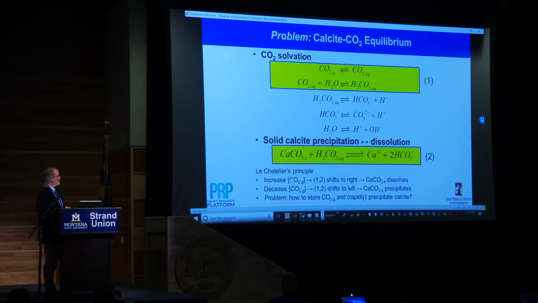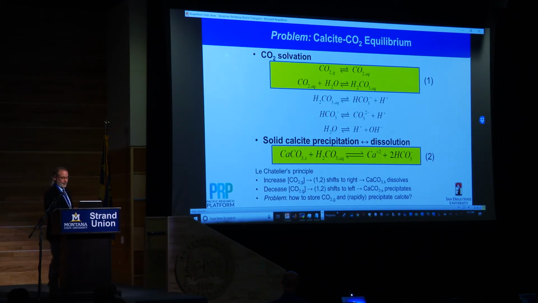So if you increase the concentration of CO2 gas, these reactions shift to the right, and the calcite that you want to preserve dissolves. If you precipitate calcite, you actually produce CO2 gas. Actually, as corals form, CO2 gas is produced. So these are competing processes. The problem is, how do you store CO2 gas and precipitate calcite at the same time?